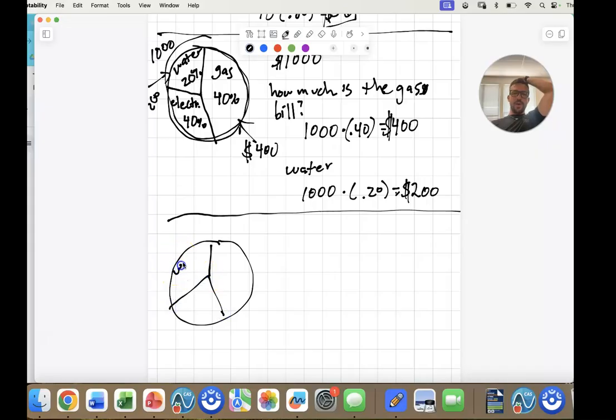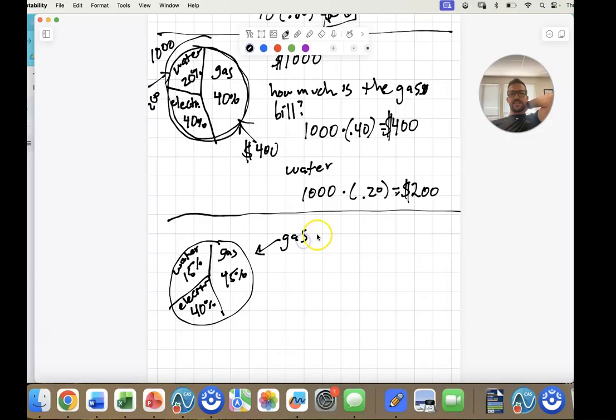Let's say we have the water, the gas, and the electric. Let's say the water makes up 15%. The gas makes up 45%. And what is that up to? 60. So this makes up 40%.